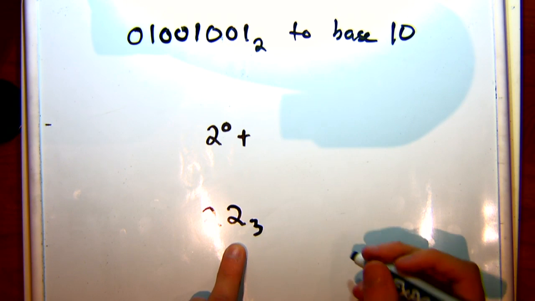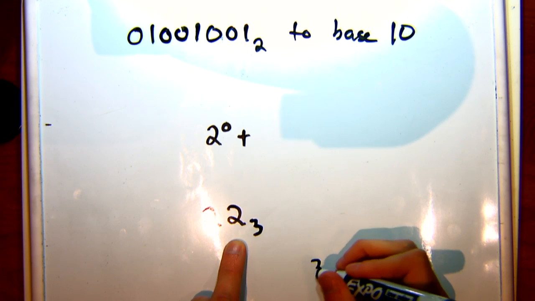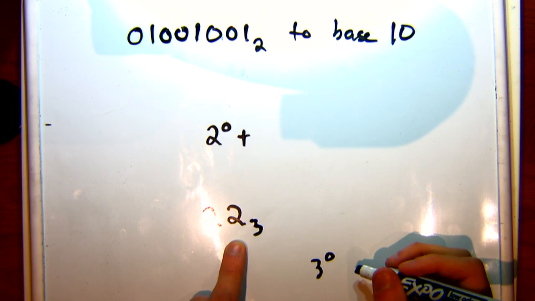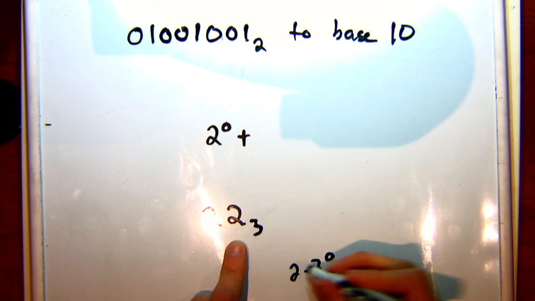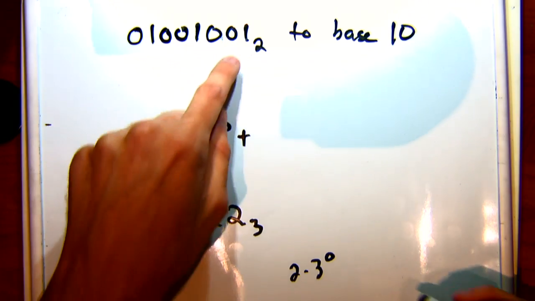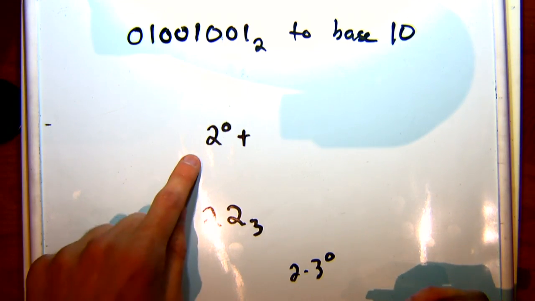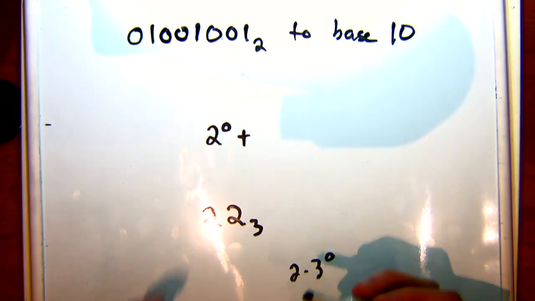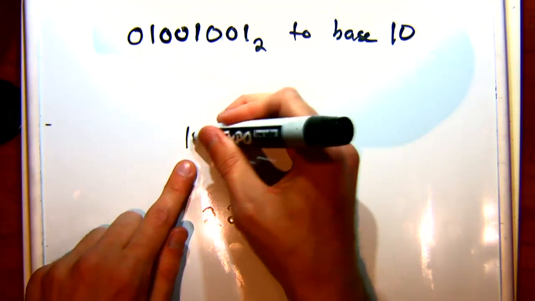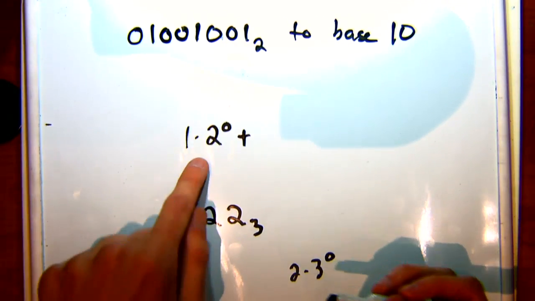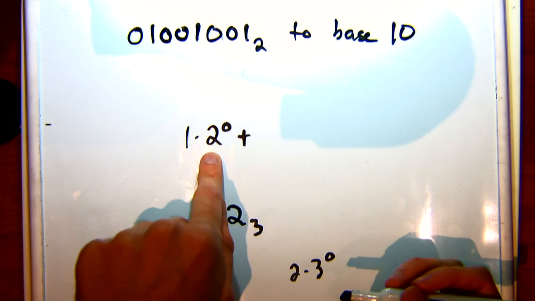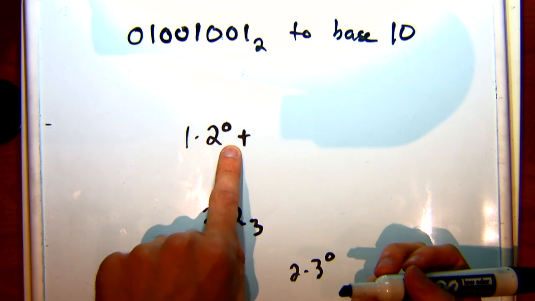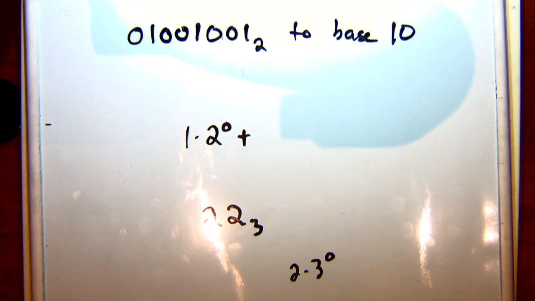Now, this isn't just 3 to the 0 anymore. This is 2 times 3 to the 0. So I just dropped that 1 here because it's kind of irrelevant. But the full equation is basically that number that's in that position times the base to the power of the index. That's the generalized form.